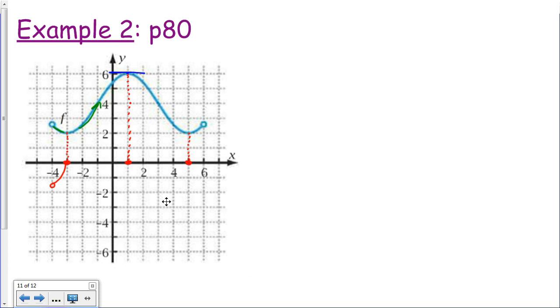In fact, as I look at this, I can see that I start out with slopes really close to 0, down here near x equals -3. They increase to some maximum slope somewhere around x equals -1. But then they come back to a slope near 0 as they get closer and closer to this point at x equals 1, until finally at 1 we're back to a slope of 0.